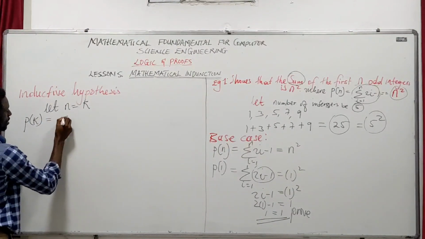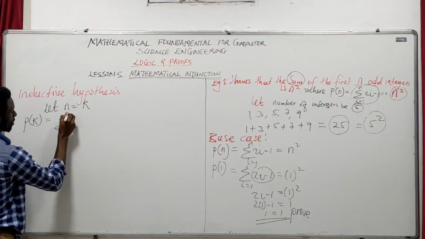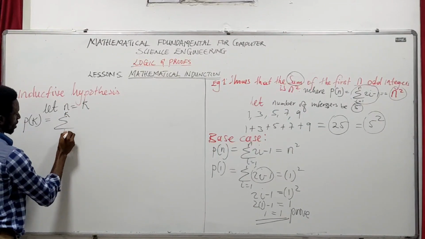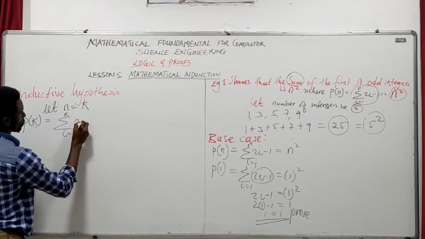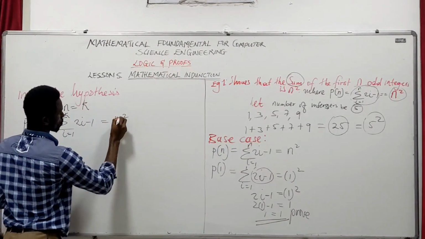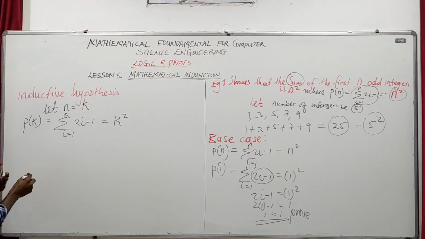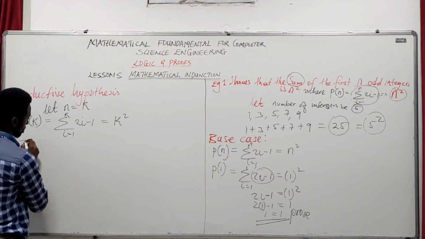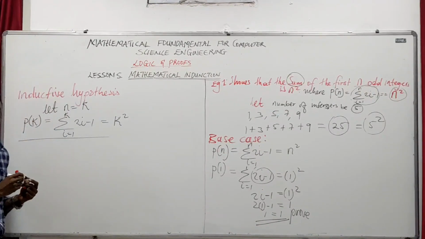So P of k, the summation of k, I equals 1, 2I minus 1 equals k squared. Okay? This one we can just state this equation.